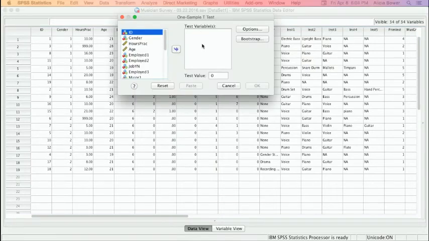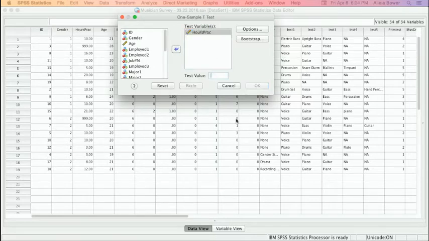And what you need to do is choose your test variable. So find the variable you want to test and put it over there. So we want to test hours practiced. Let's see, where is that? There, hours practiced. And so we want to test our variable, our sample's number of hours practiced, against a known value, right?